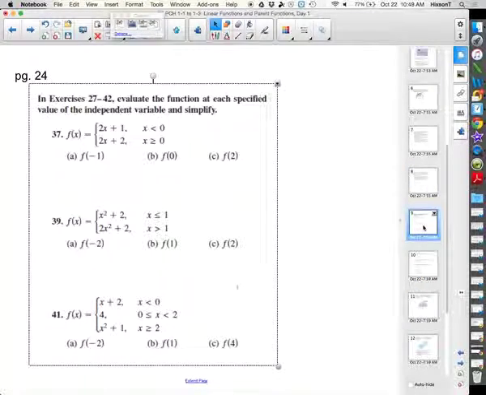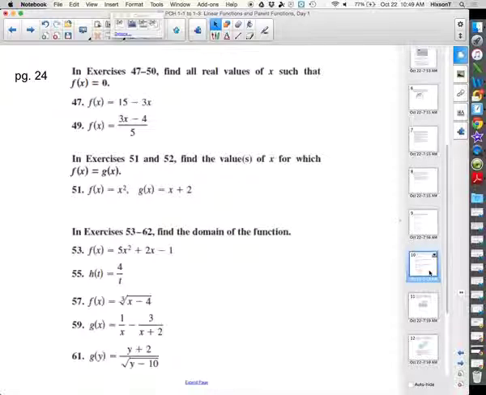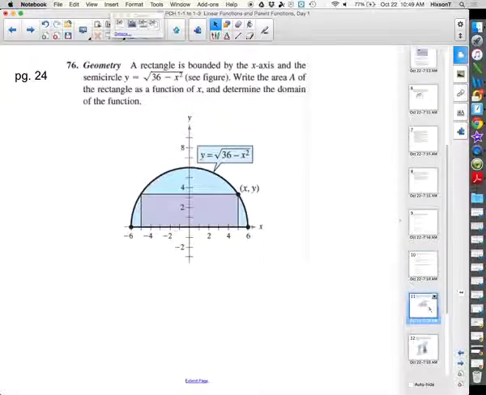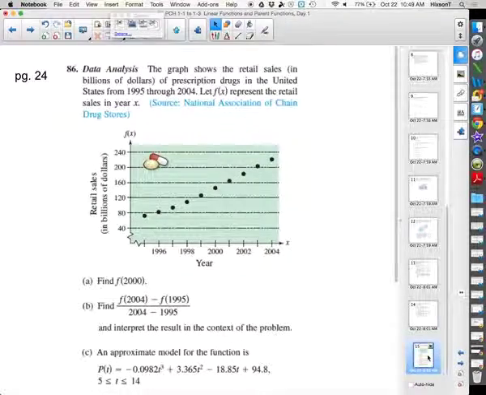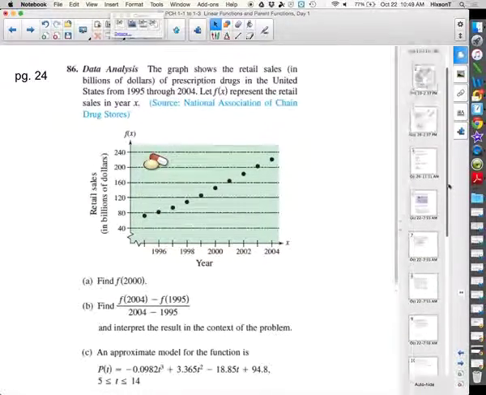Here's some piecewise functions, all right? Finding the domain, find the values where the two functions are equal. These aren't all things that we just talked about. These are a lot of different things that you have had in the past, all right? So I want you to go through these and take a look, okay?